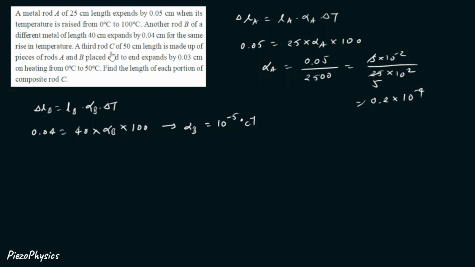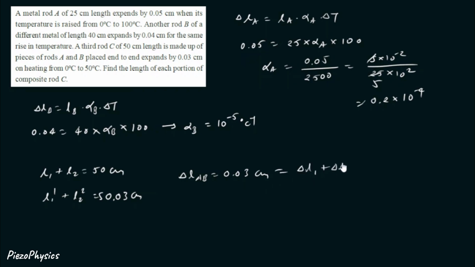Now another third rod C of length 50 centimeter is made up of pieces of rods A and B placed end to end, and expands by 0.03 centimeter, right? So take it as L1 plus L2 equals 50 centimeter, and the new length L1 dash plus L2 dash is 50.03 centimeter, right? So the change in length is 0.03 centimeter. It will correspond to delta L1 plus delta L2.